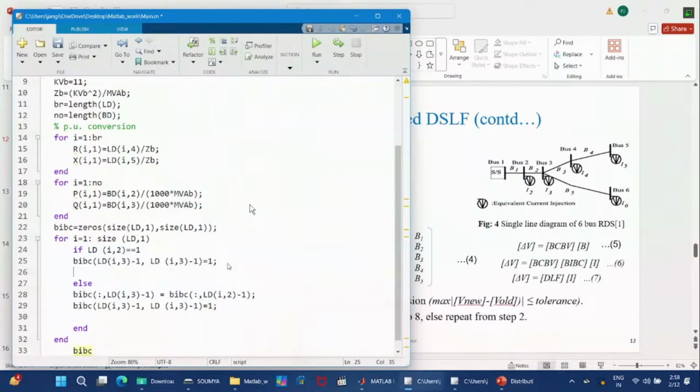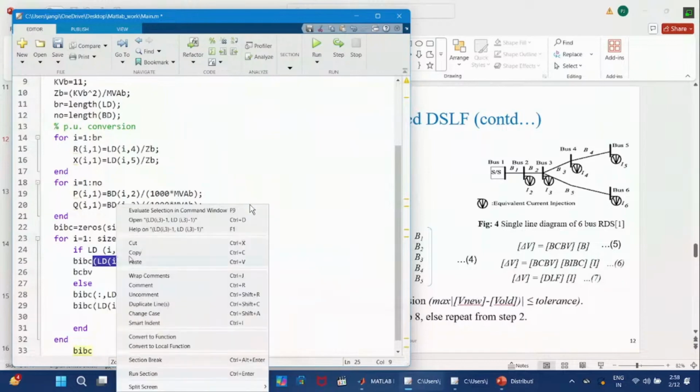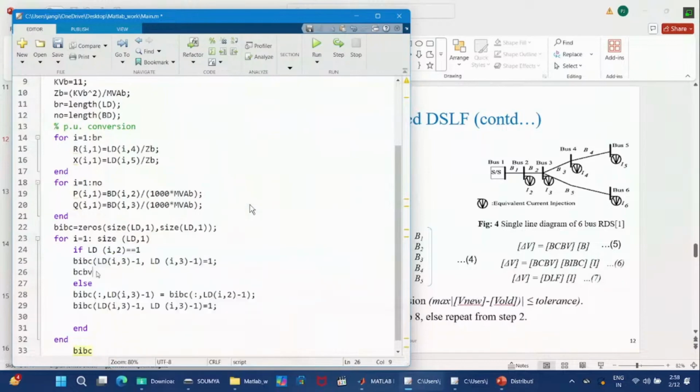In the BCBV matrix also, like earlier, see, in the BIBC matrix we represent 1 or 0 kind of thing.